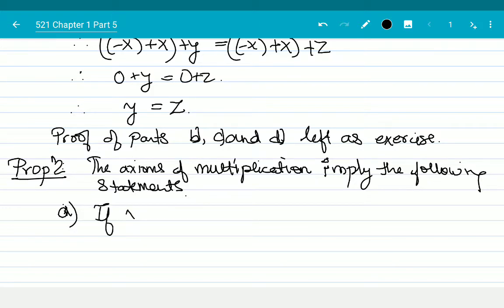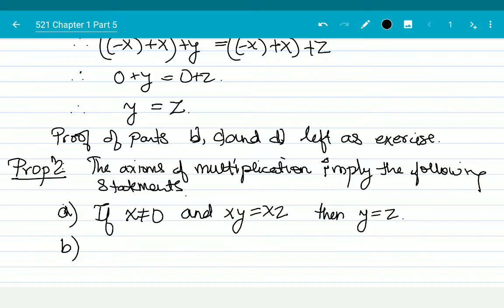First of all, if x is not equal to 0 and xy is equal to xz, then y is equal to z. Second, if x is not equal to 0 and xy is equal to x, then y is equal to 1.